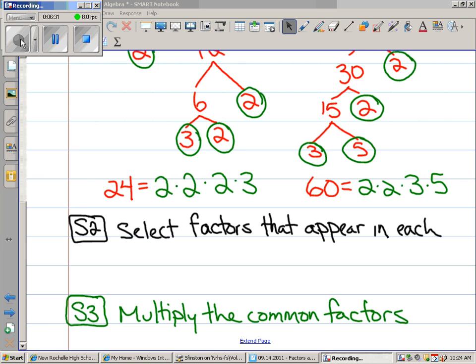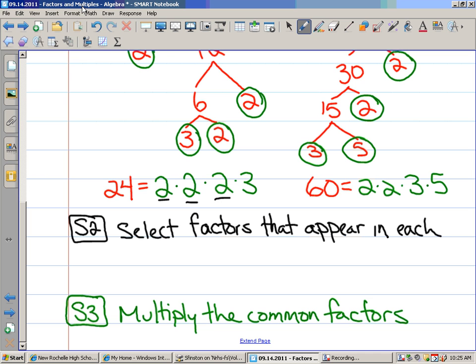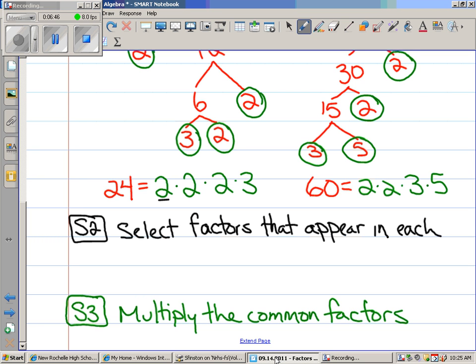Step 2. Select the factors that appear in each. What factors appear in each? The factors that appear in each are 2 and 2, and also 3. Write them down.